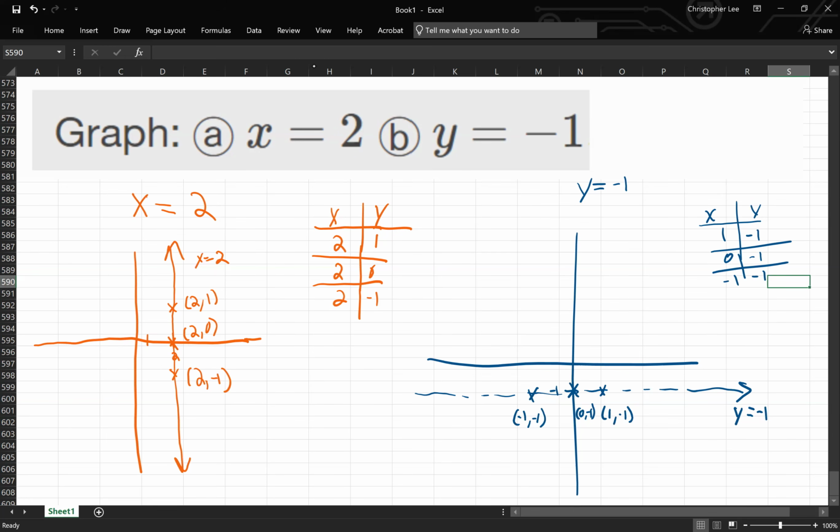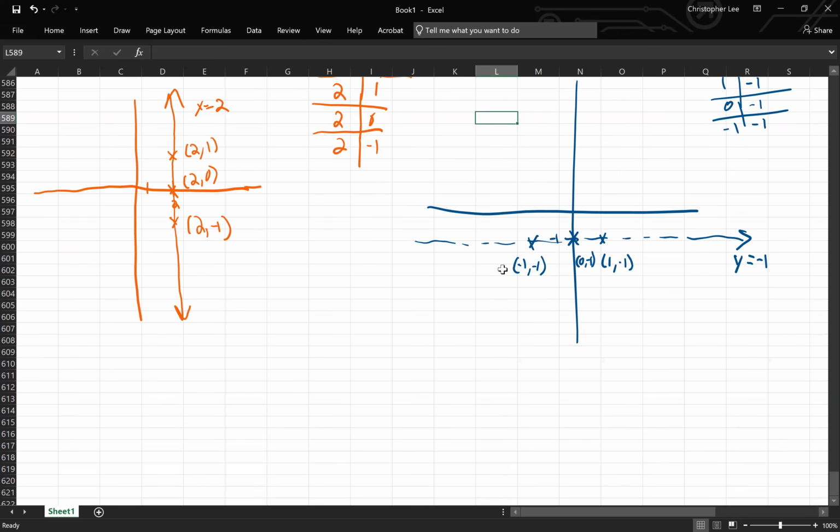Make sense? No? All right, here's another trick that I have. I'm going to show you guys a special trick. Not really in the lesson, but this is how I like to do it. Let's say they give you a question where they're like, graph a vertical line through this point, or they might give you a point.